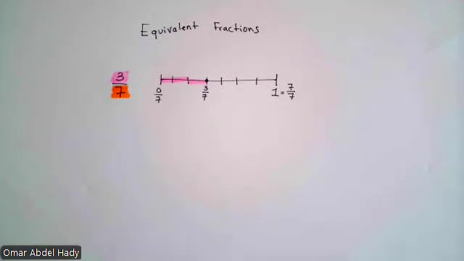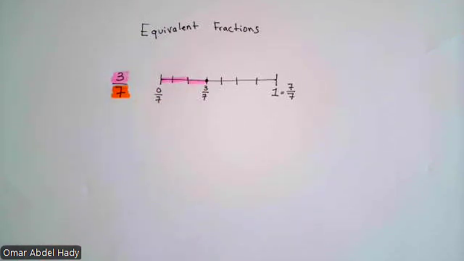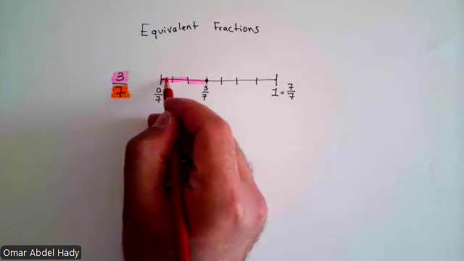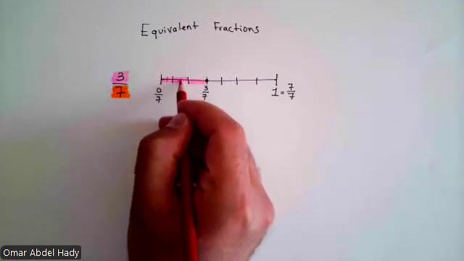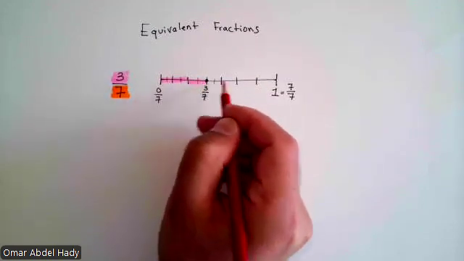Okay. So now, how do we find equivalent fractions? It's very simple because equivalent fractions mean you have the same amount, but you're partitioning it differently. The easiest equivalent fraction that I can come up with is breaking each seventh into two parts.